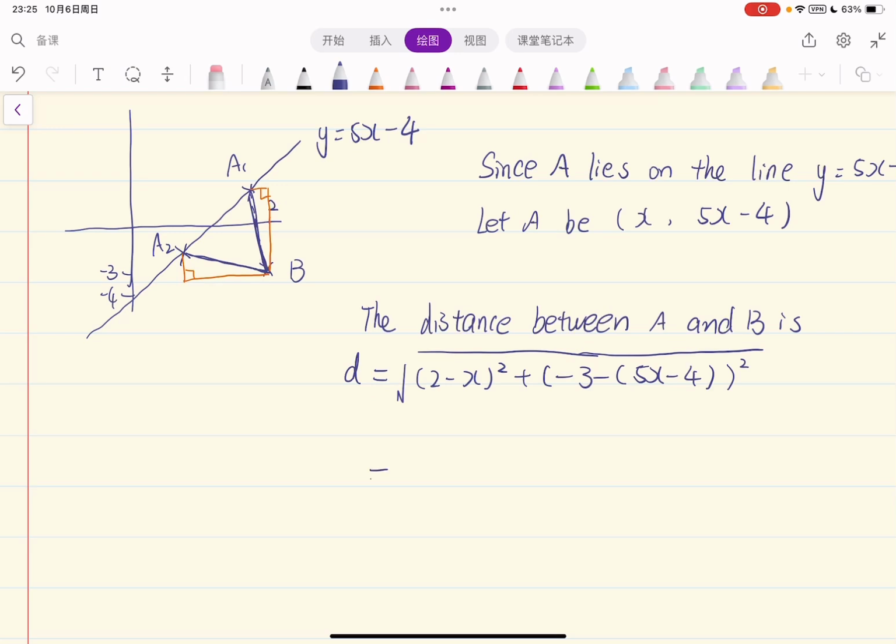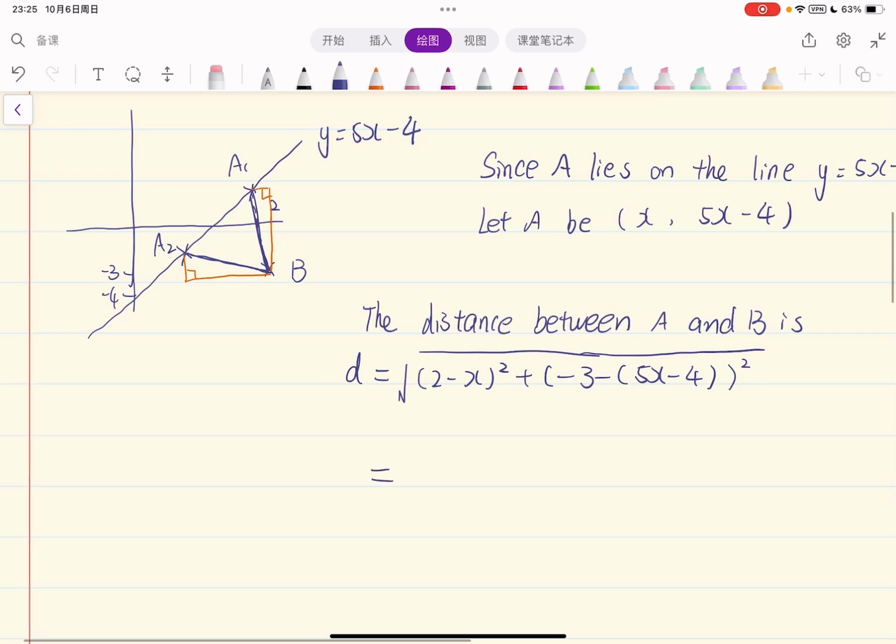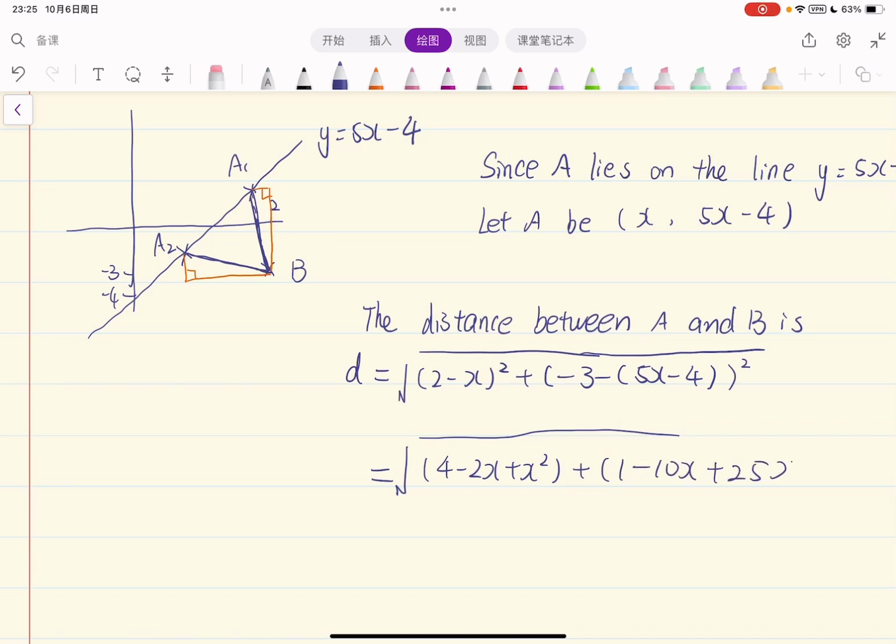And we expand the expression. What we have square root of 4 minus 2x plus x squared plus 1 minus 10x plus 25x squared. Well, to be clear, I don't skip the step.